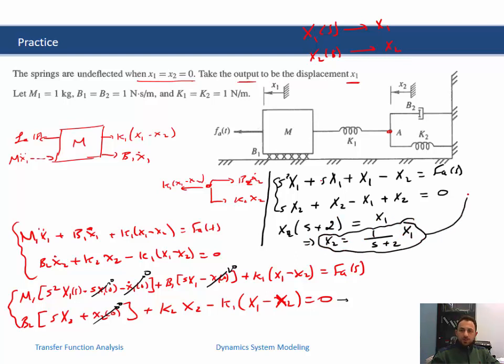So now we can substitute it in the first equation. Okay, let me write it down.